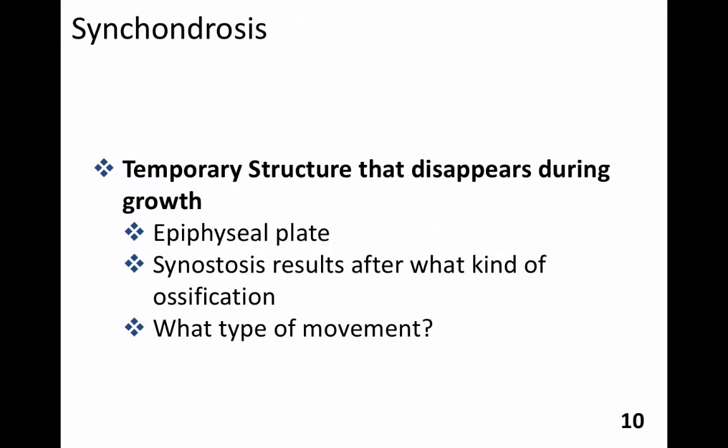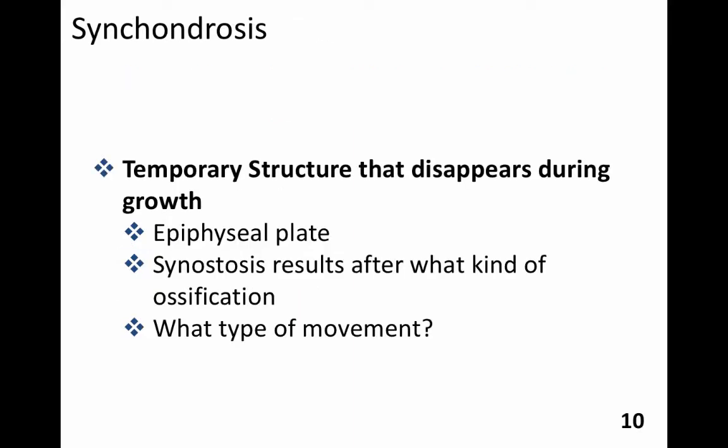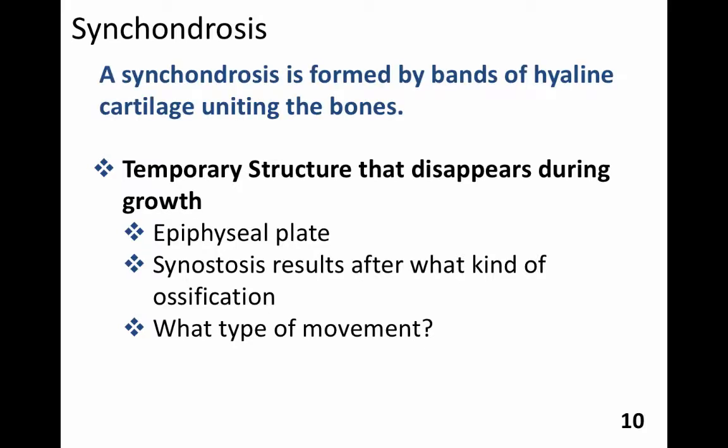Basically, cartilaginous joints are held together by hyaline cartilage or fibrocartilage that connects the bones. And so we're going to talk about the two types. Here we're going to discuss synchondrosis, and that's formed by a band of hyaline cartilage.